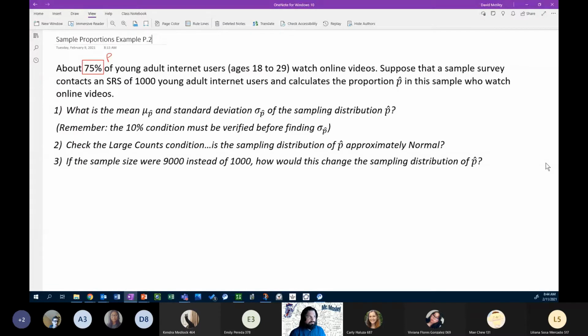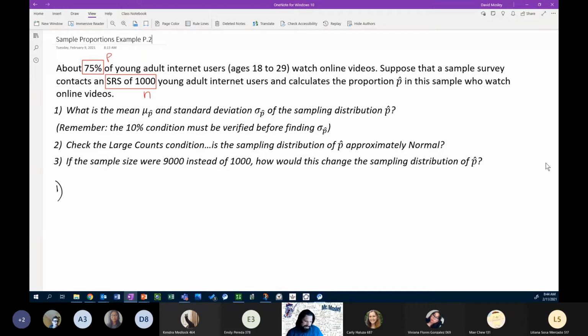That's P. Suppose the sample survey contacts an SRS of 1,000 young adults. The SRS of 1,000, that is n, the sample size. We need these values, so we can now go into answering question number 1.